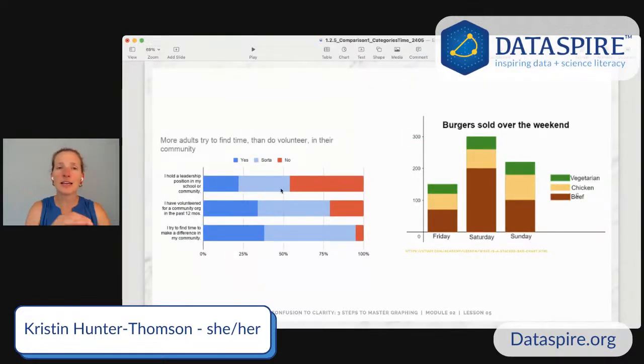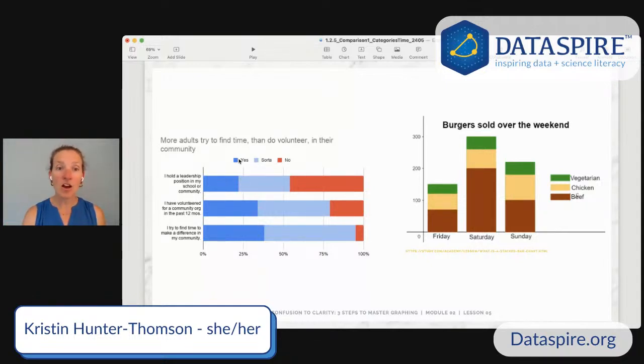But if we're trying to see overall across these different groups, across these different options, generally, how are we doing in terms of volunteering and finding time and participating in the community? That is when the stretched bar chart is your friend.